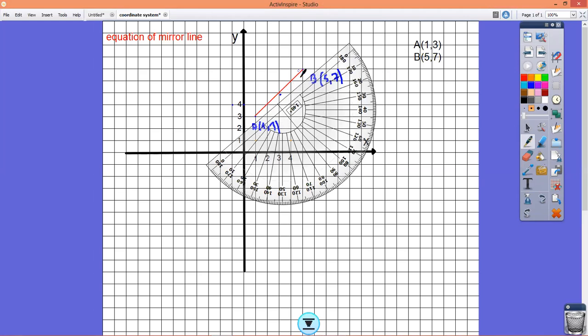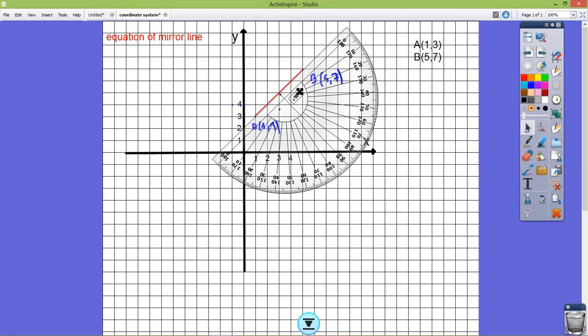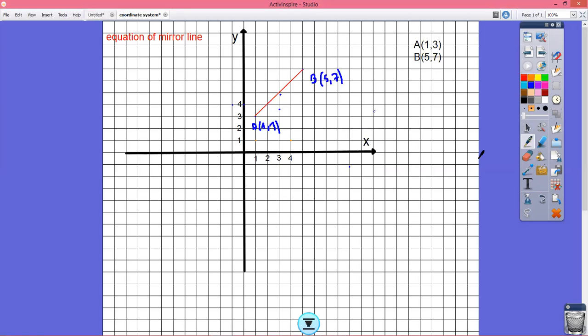Now from this middle, we are going to draw a perpendicular line. The perpendicular line will be 90 degrees. It's here.